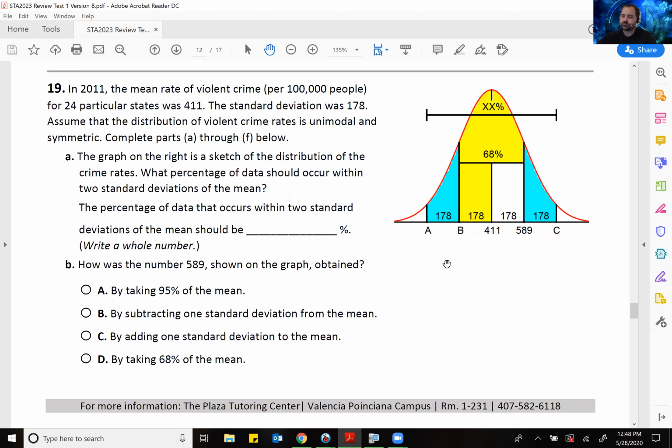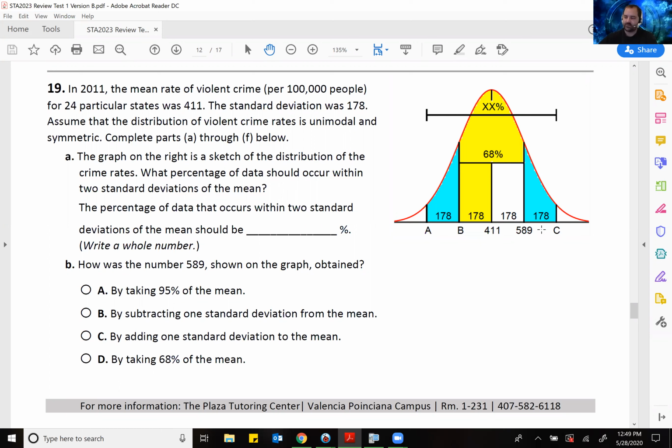Okay. So what do we get? 55. So A is 55. And then how do we get to C? You add 2 standard deviations. Or again, like you said earlier, take the 589 and add 178 to it.